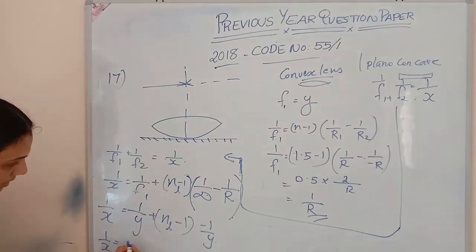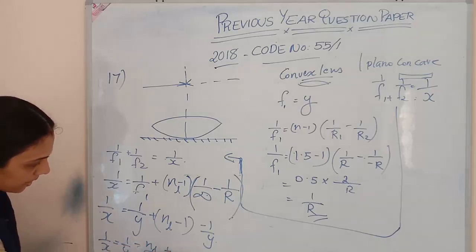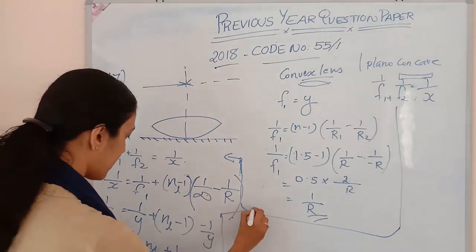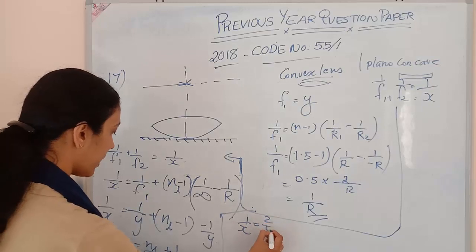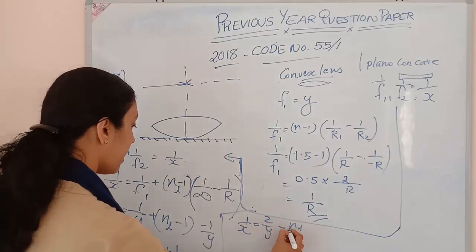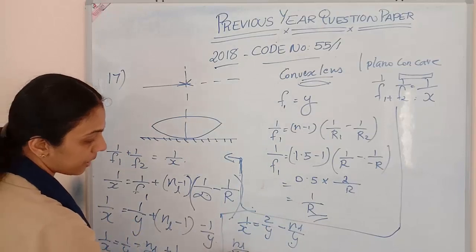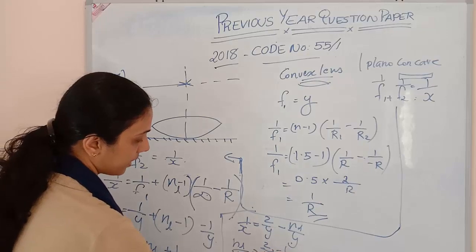So 1 by x equals 1 by y plus 1 by y minus nl by y. Okay, so here we will get 1 by x equals 2 by y minus nl by y. So nl by y equals 2 by y minus 1 by x.